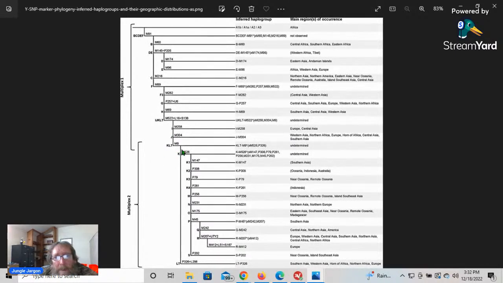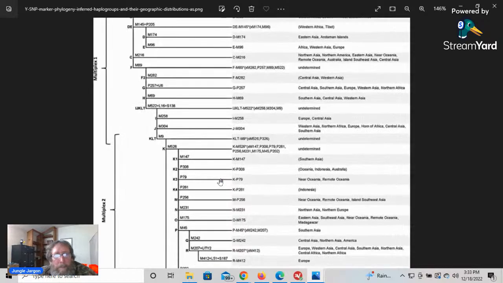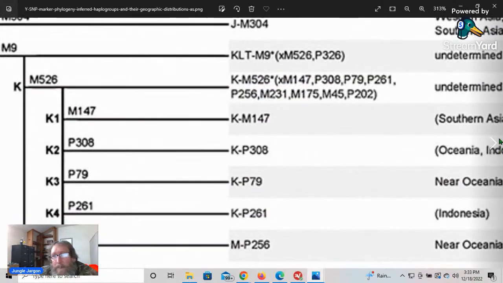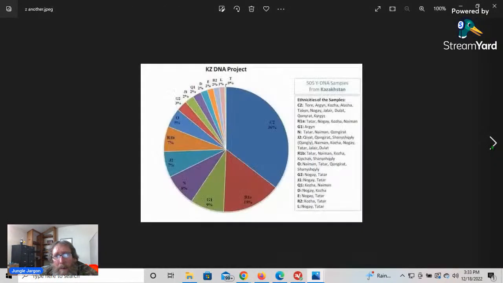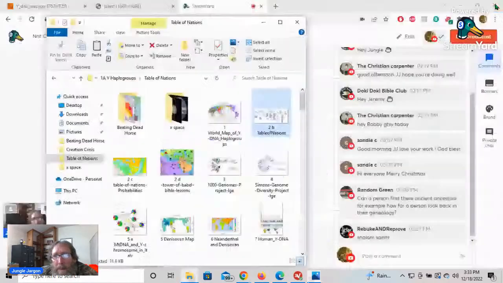And then the KLT. The KLT has its own separate group. The Eurasians are their own separate group. Of course, it's kind of hard to see there, but well, I guess that's it for right now.